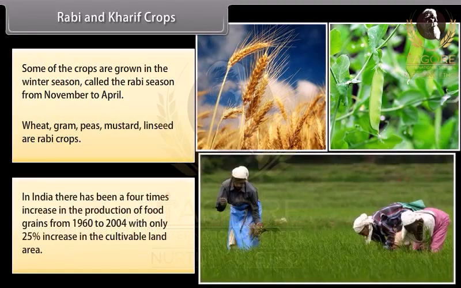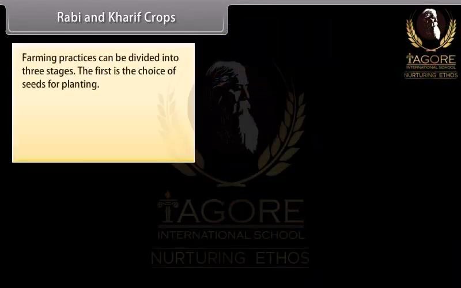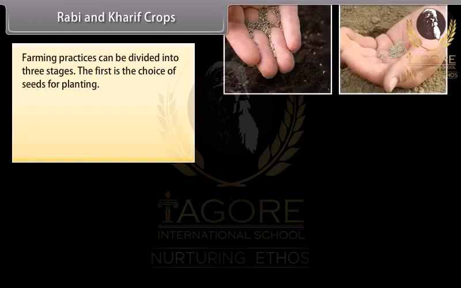In India, there has been a 4 times increase in the production of food grains from 1960 to 2004, with only 25% increase in the cultivable land area. Farming practices can be divided into 3 stages. The first is the choice of seeds for planting.